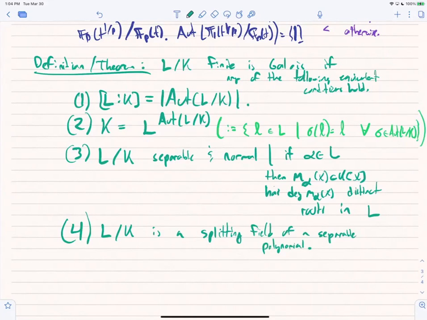Okay. So these conditions all look pretty different, and the fact that they're equivalent is very powerful.